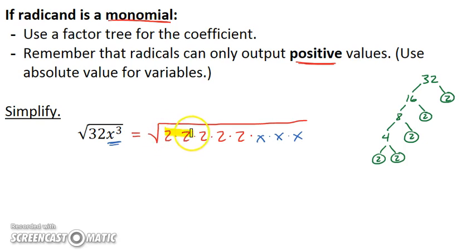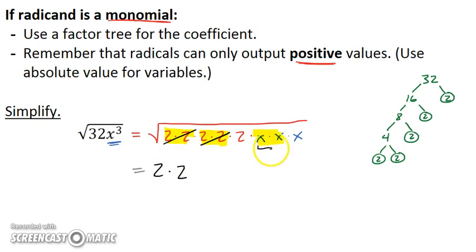And when it comes down to looking for pairs, well, there's a pair of 2's, there's another pair of 2's, and there's a pair of x's I can bring out. So what comes out? Well, I've got a 2 for that pair of 2's. I've got a 2 for that pair of 2's.